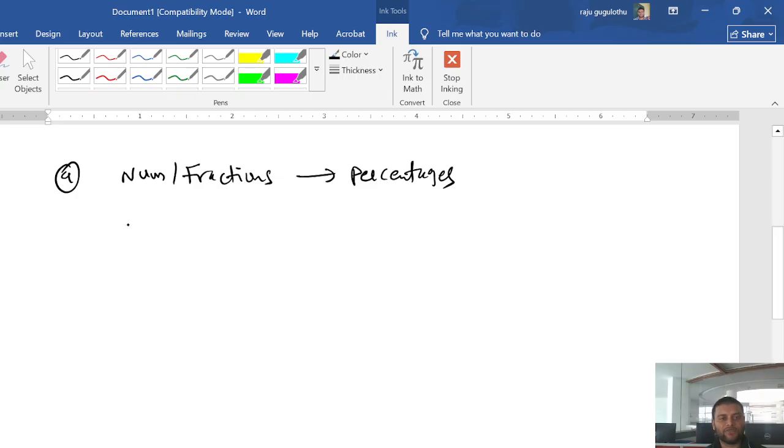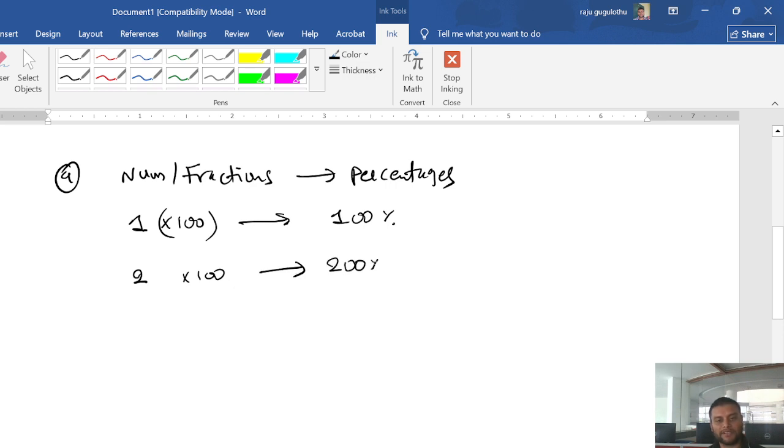Let us say we want to convert number 1 into percentage. We have to multiply with 100 and write 100 percentage. So number 1 equivalent is 100 percentage. If I want to convert number 2 into percentage, I multiply 2 with 100 and write 200 percentage.